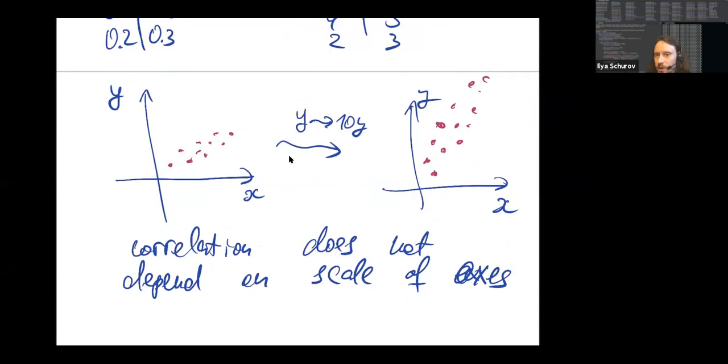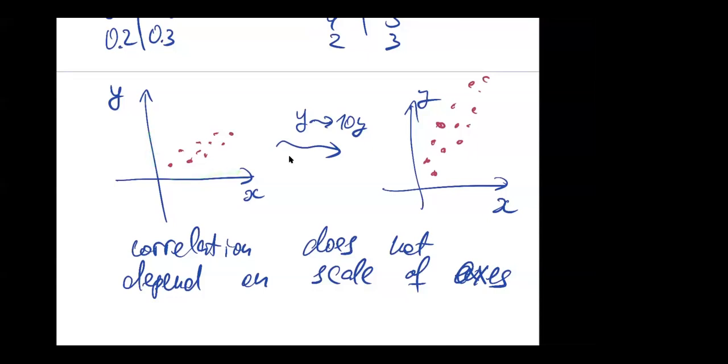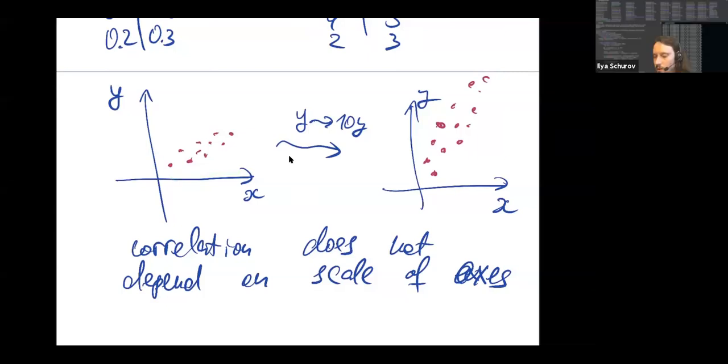And sometimes we are interested in correlation, but sometimes we are interested in the slope of this line. Sometimes we are interested in the answer to the following question: how fast y changes when x changes? So to answer the latter question, we have to use a different statistical tool. And this tool is called regression analysis, and that is what we will discuss today.